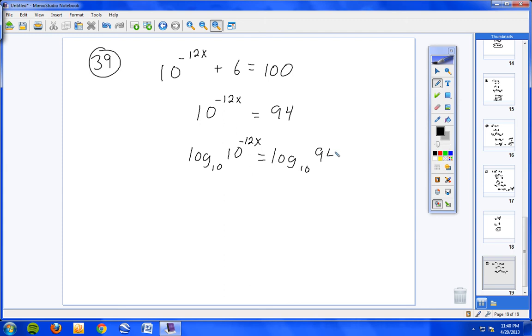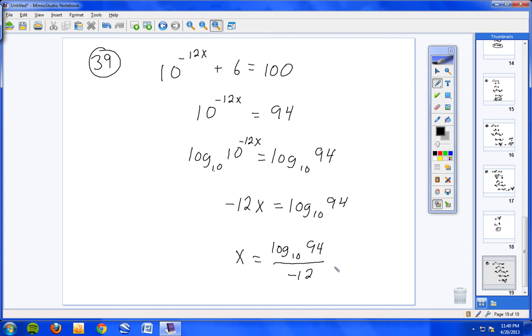There we go. Now when your base matches your base like this, you're left with just the exponent, so negative 12x, and then over here I still just simply have log base 10 of 94. Now we're going to divide both sides by negative 12, so x equals log base 10 of 94 divided by negative 12.